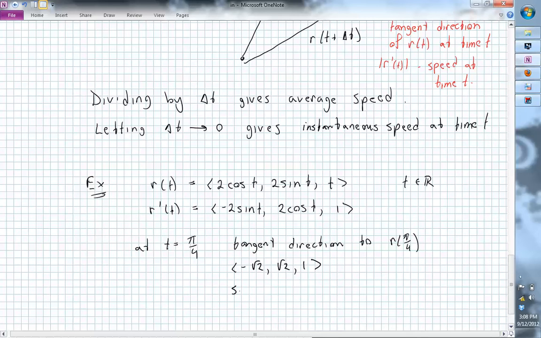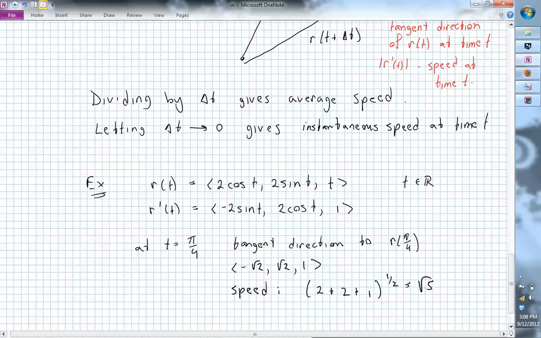And the speed is simply the magnitude of that vector. So it's the square root of 2 plus 1, root 5, whatever that means. So if I'm traveling along this helix and I stop at pi over 4, at that instant in time, I'm headed in this direction, and my speed is root 5, whatever that means.